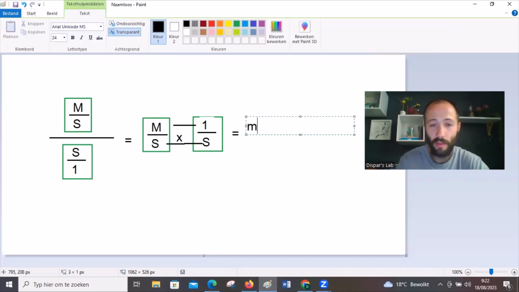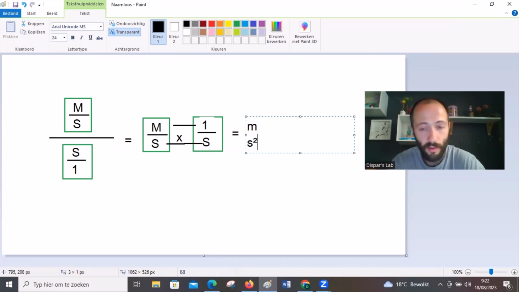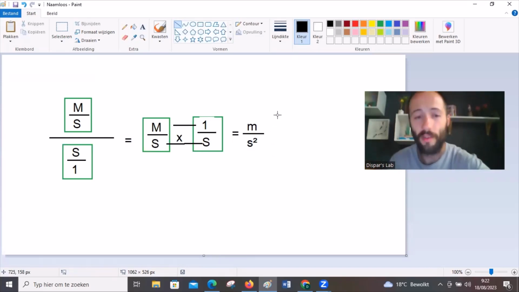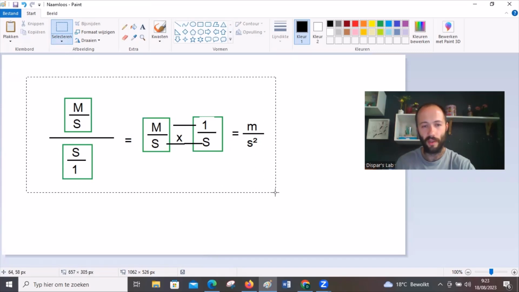And that would be meters over second squared. This is just another way of notating meters per second per second. It's a shortcut. It's just the shortest way possible to notate acceleration. It's just a notation thing.